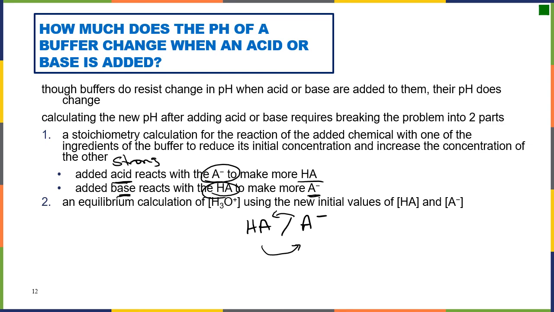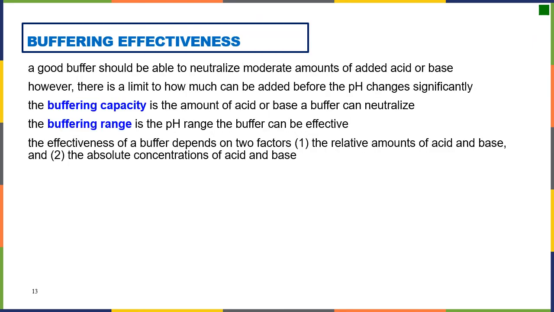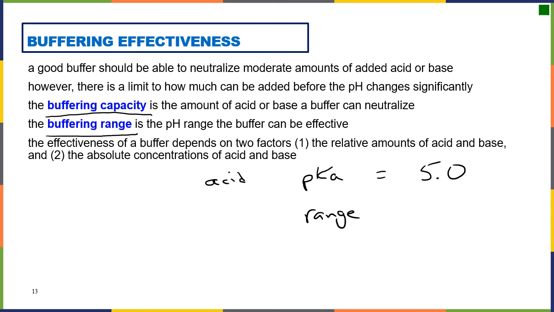Well, we've got answers for those. We have buffering capacity and buffering range. Buffering range is the range at which it can be effective. So let's say that we have an acid and the pKa for the acid is equal to 5. The buffering range for this tends to be from about 4 to 6. We can go about 1 pH unit on each side of the pKa.